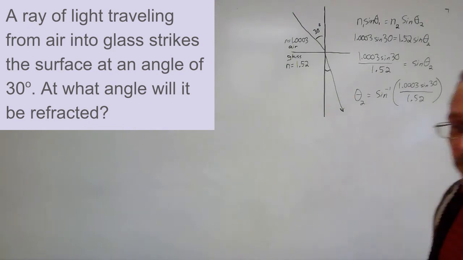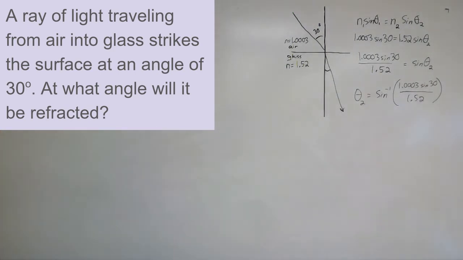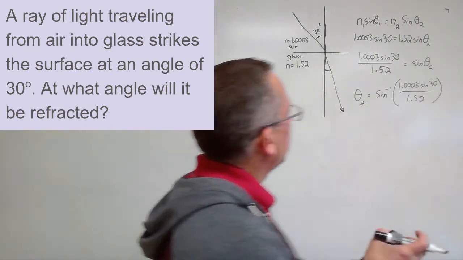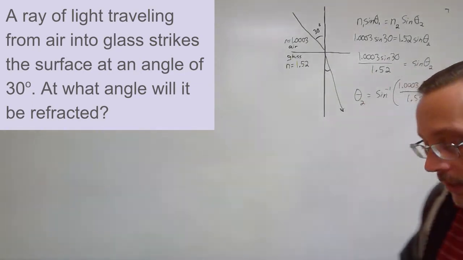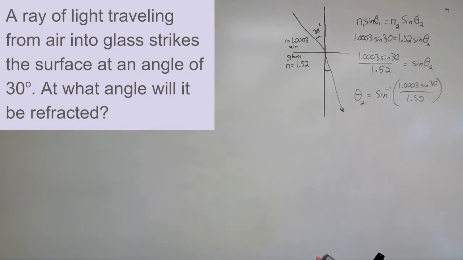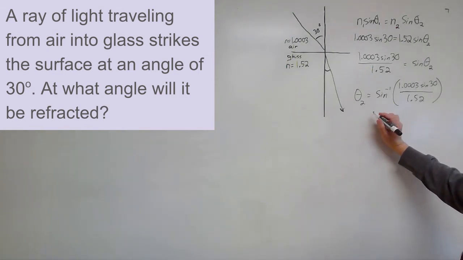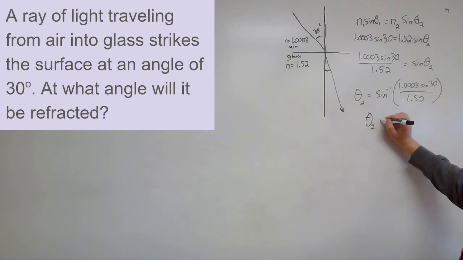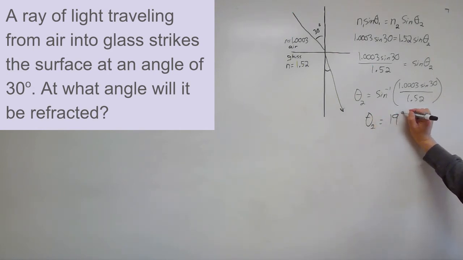Now I'll grab my calculator and see what that works out to. So I'm doing the sine inverse of 1.0003 times the sine of 30 divided by 1.52. There I get about 19. So theta 2 should be about 19 degrees.